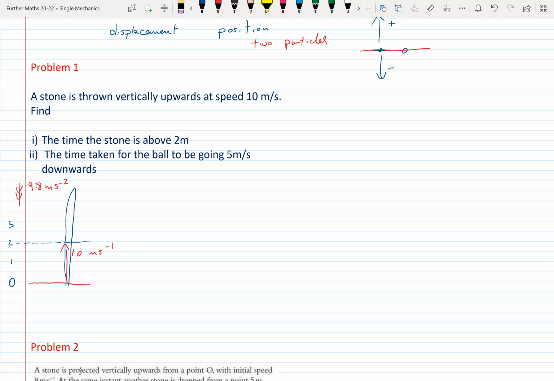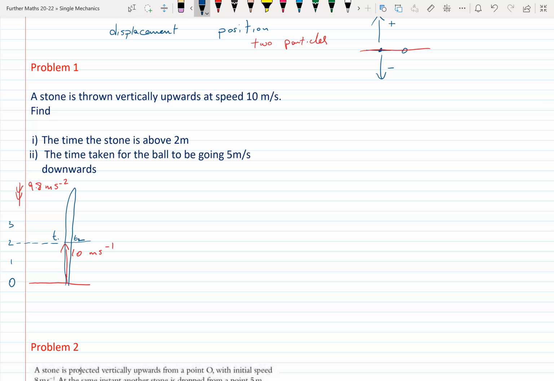And of course, the time we want above will be the difference between these two. If we call them T1, being the time it is at on the way up on its trajectory, and T2 being when it's on its way down, then we can find the difference between the two.